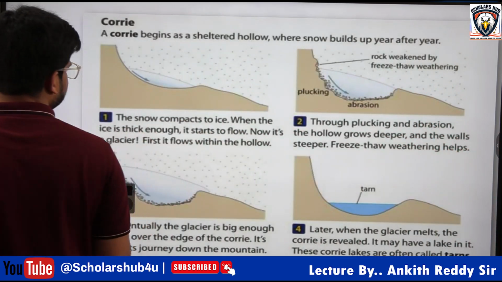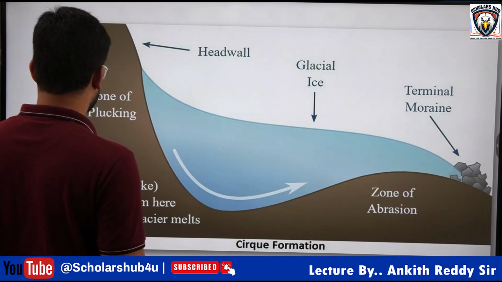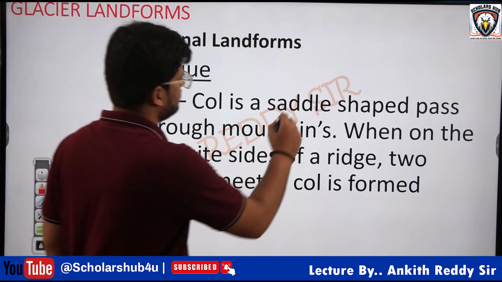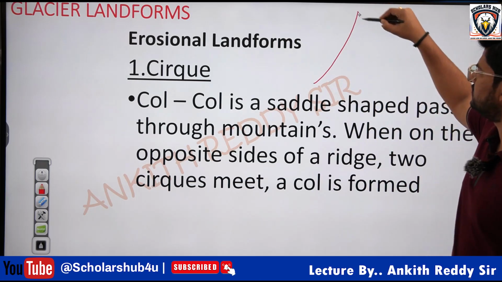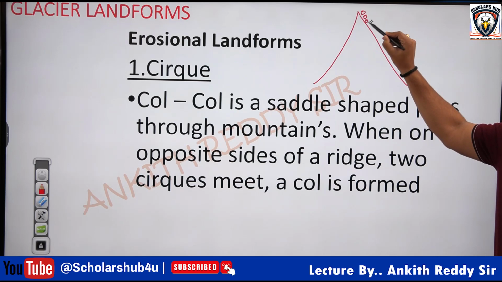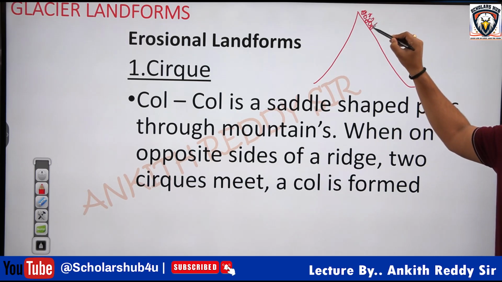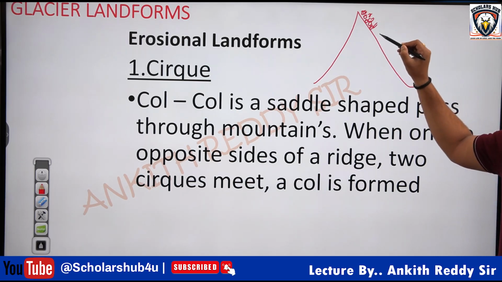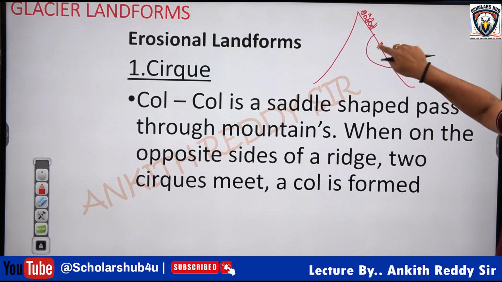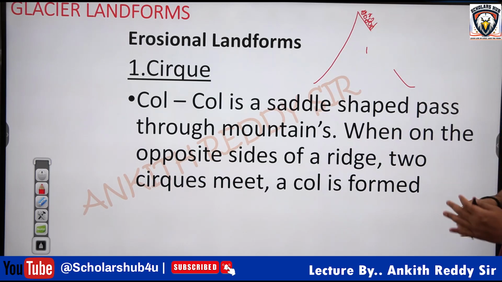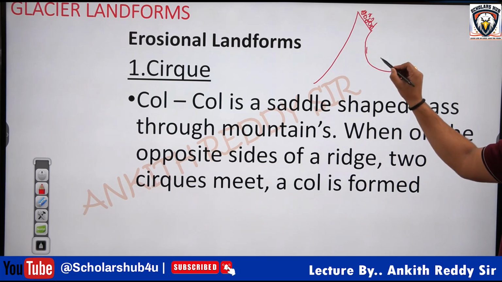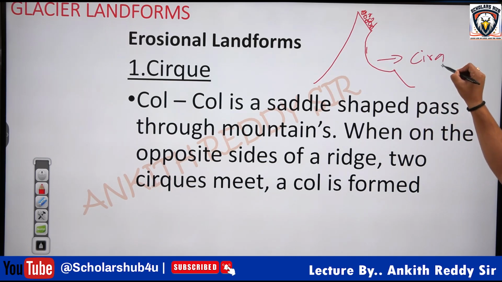So how does it form? How does a cirque form? Imagine this is the Himalayan mountain, and what is moving down the hill? Glaciers. So these glaciers will create a depression like this, and this depression is nothing but a cirque.